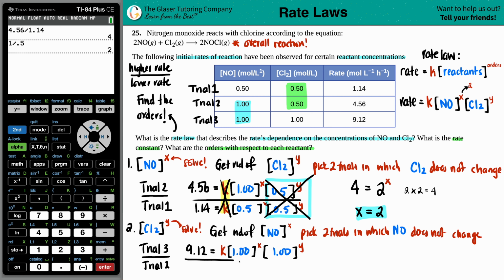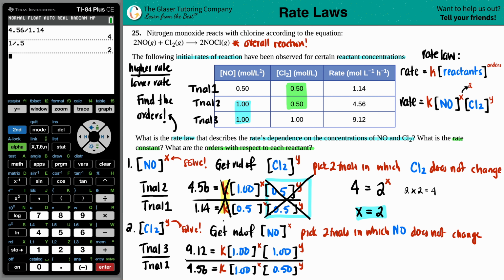And then, just going to streamline this, trial 2 is 4.56 equals K, times the concentrations raised to the x and the y, and now we just plug in the numbers. So trial 2, I have 1.0 for NO and then 0.50.